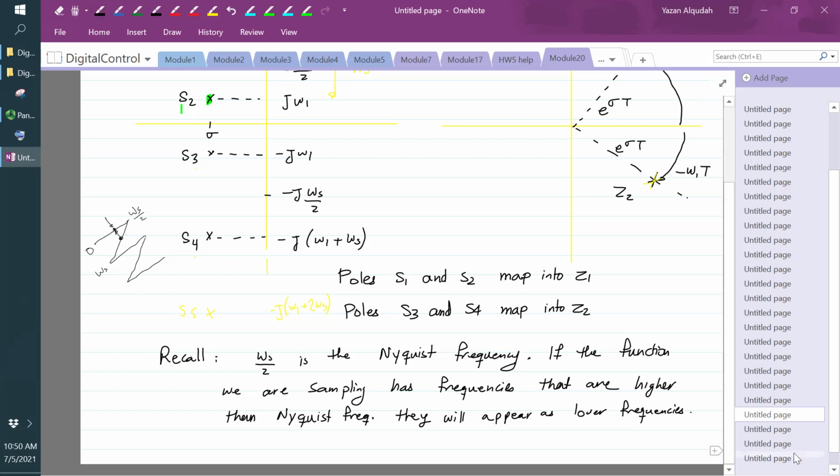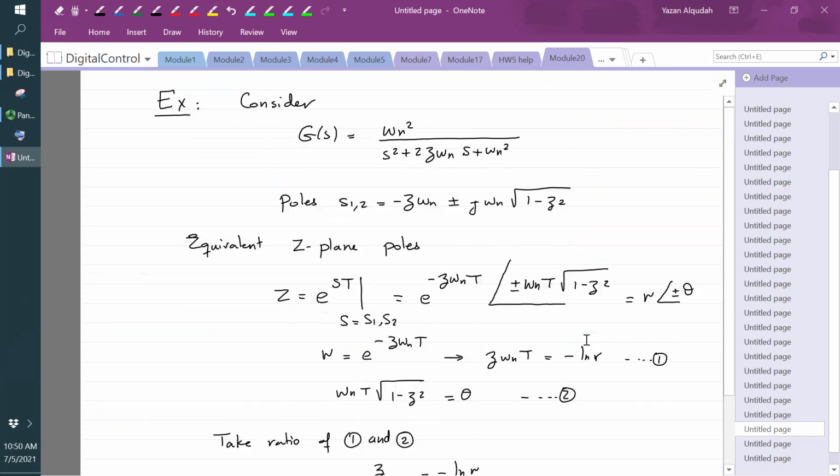Okay, so let's end with an example to illustrate everything we've done. Let's consider a system G of s that is a second order system, and this system has poles at s1,2 equal to negative zeta omega n plus or minus j omega n square root of 1 minus zeta squared.